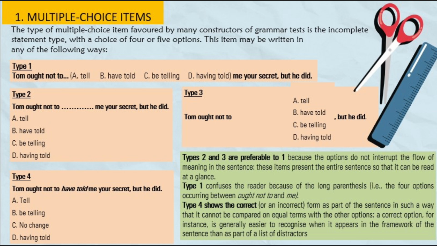And Type 1 confuses the reader because of the long parentheses, or the 4 options occurring between "ought not to" and "me", while Type 4 shows the correct or an incorrect form as part of the sentence in such a way that it cannot be compared on equal terms with the other options. A correct option, for instance, is generally easier to recognize when it appears in the framework of the sentence than as part of a list of distractors.